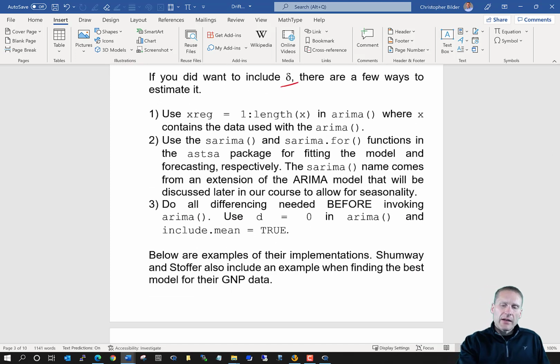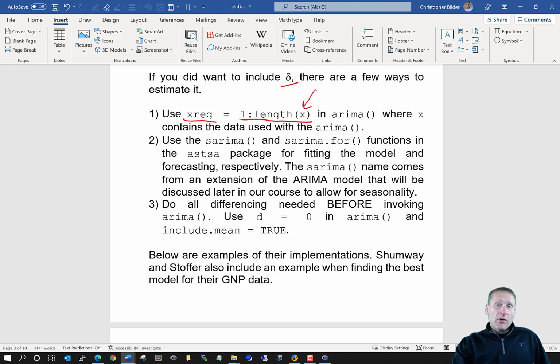So how can we go about estimating delta when needed? Well, we can use the xreg argument inside of ARIMA. We've seen an example of using xreg in the past, and we're going to use it in a similar manner, but slightly differently. With the xreg argument, you can say 1 colon the length of x, where x is your time series.